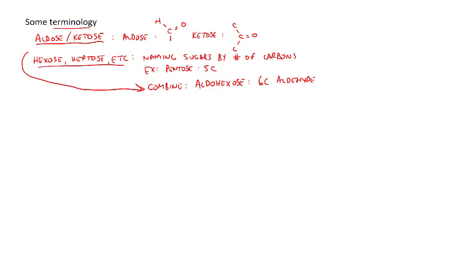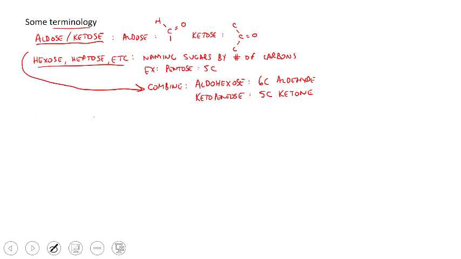So glucose, which is the most common sugar of them all, that's an aldohexose, a 6-carbon aldehyde. A ketopentose would be what? Ketopentose would be a 5-carbon ketone, and so forth.